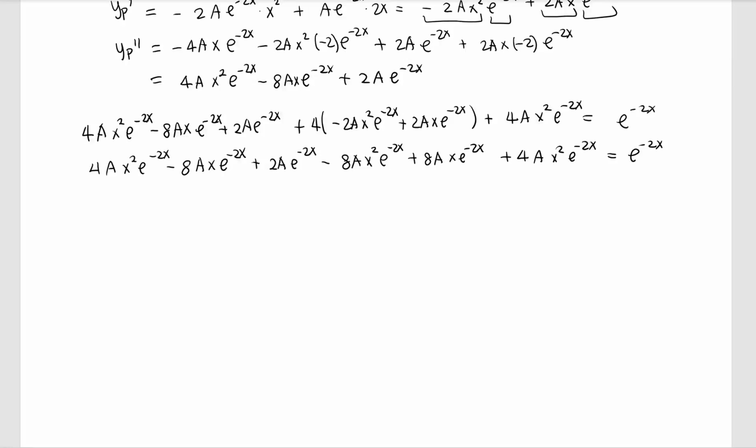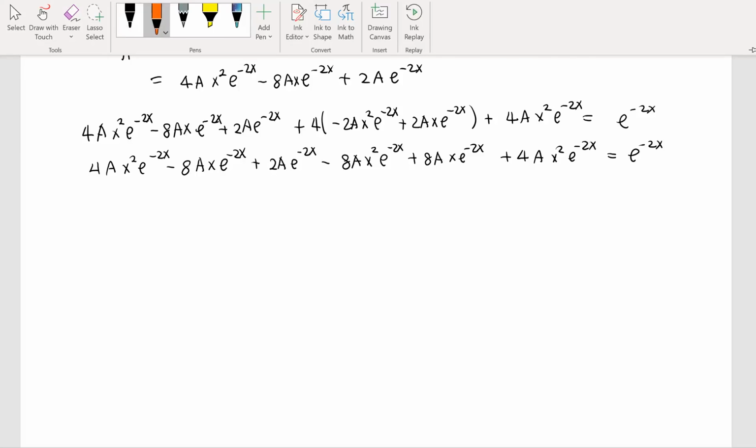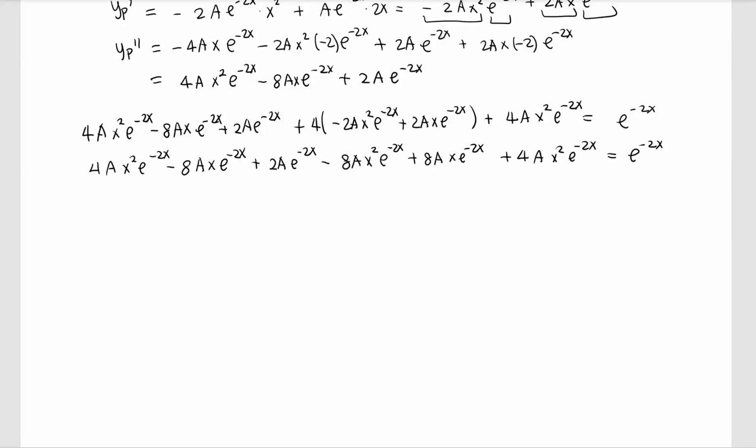Okay? Now let's see what happened. We compare the like terms. For the highest power terms, x squared e to the negative 2x, we have 4a and 8a and 4a, and is that 0? Yes.